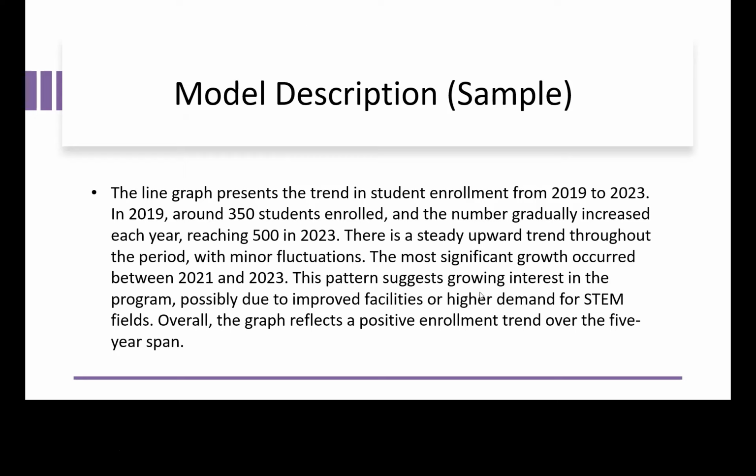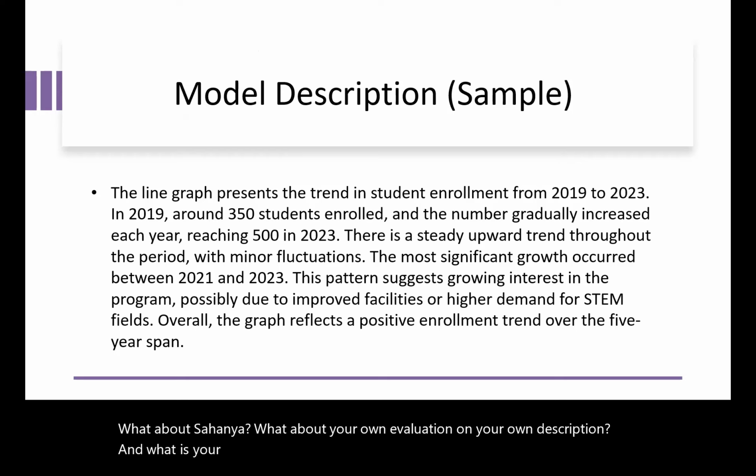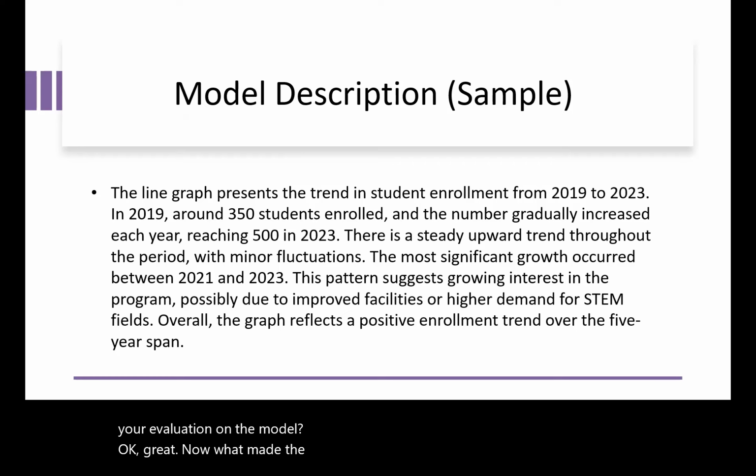What about Sahanya? What about your own evaluation on your own description, and what is your evaluation on the model? If the model answer is 10, my one would be 5. Okay, great. Now, what made the gap between your mark and the model answer's mark?